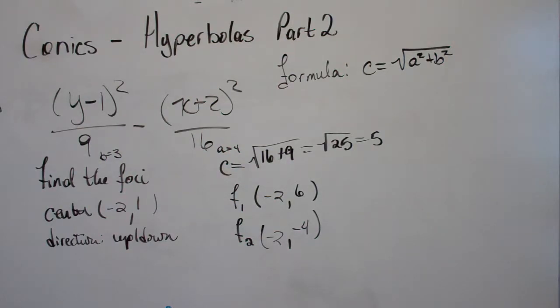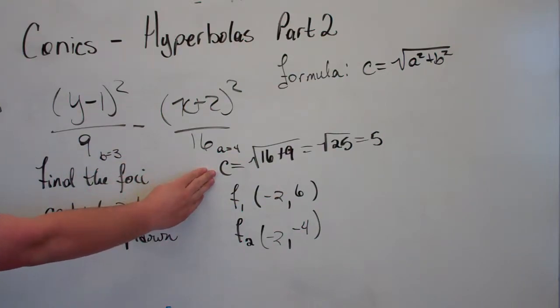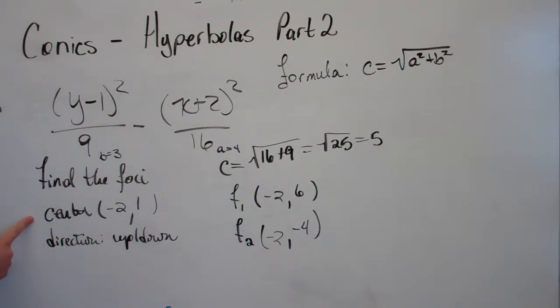Alright, so to find the foci, not only do you need to find c, but you need to find your center point, and you need to find your direction as well. So for our equation here, again, our center was -2, 1. Our direction was up, down. We found c, which is the square root of 16 plus 9, which is the square root of 25, which equals 5.